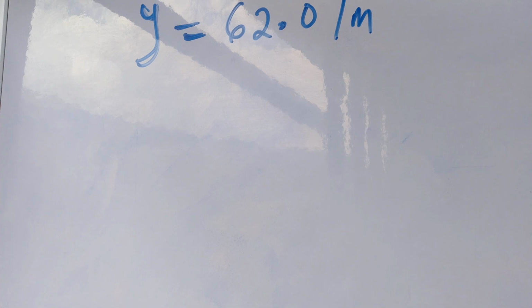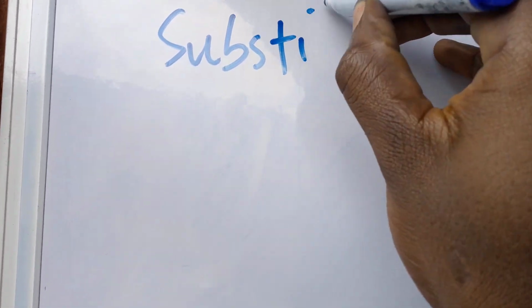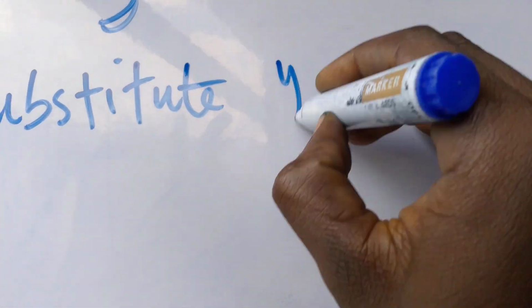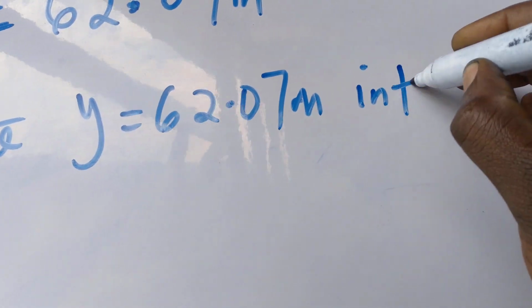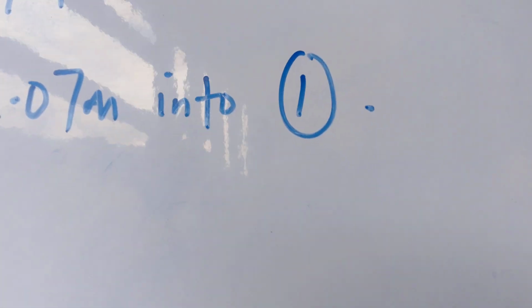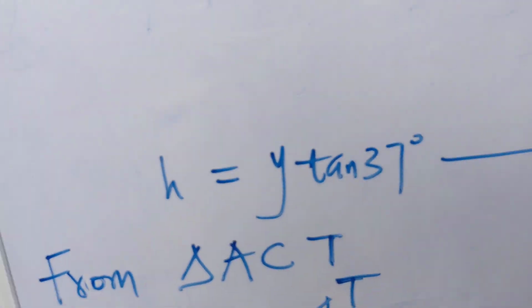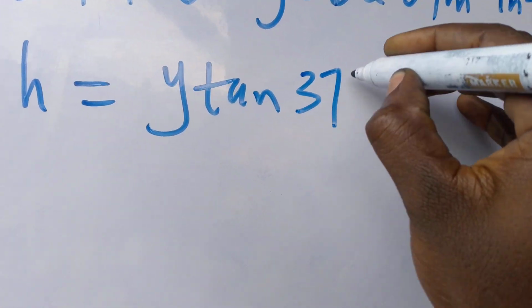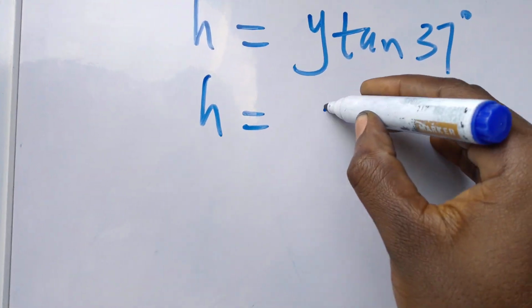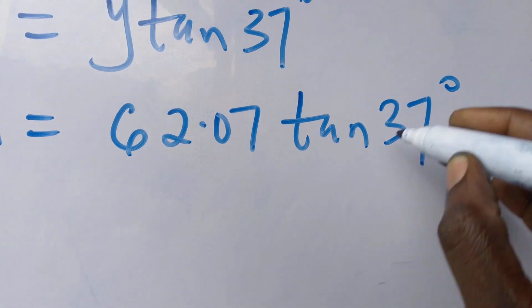I can then find h. I can use either equation 1 or 2. I substitute y equals 62.07 meters into equation 1. Remember, equation 1 is h equals y tan 37 degrees. So h will be equal to 62.07 tan 37 degrees.